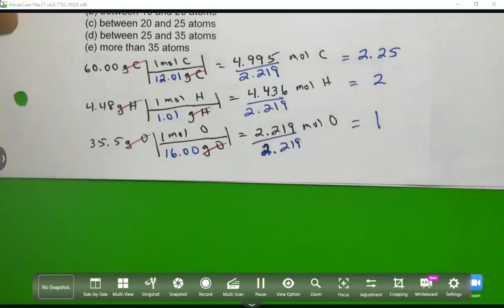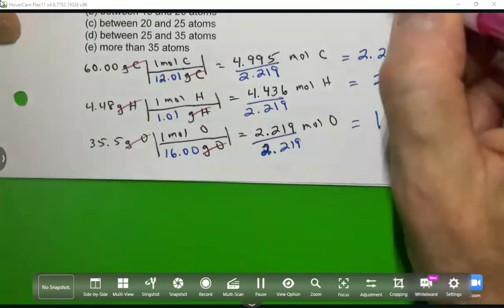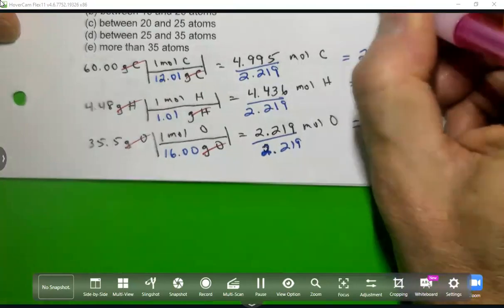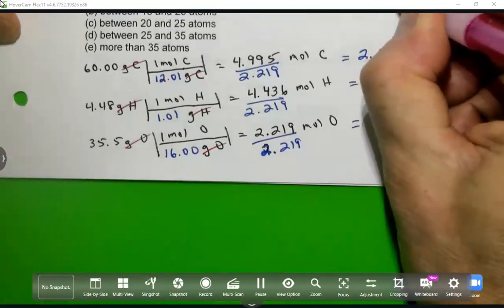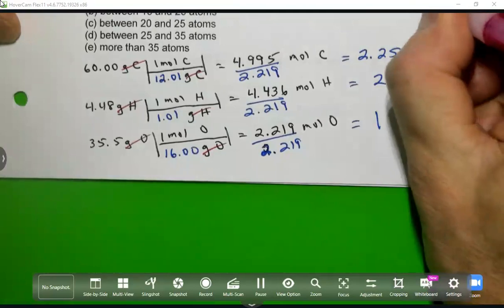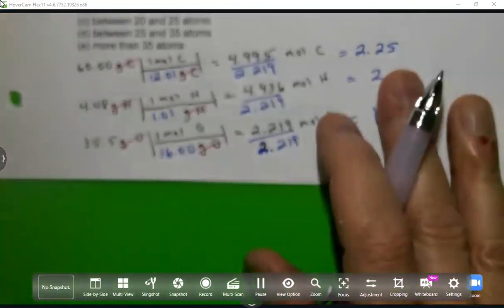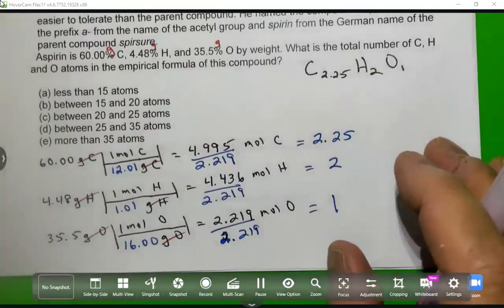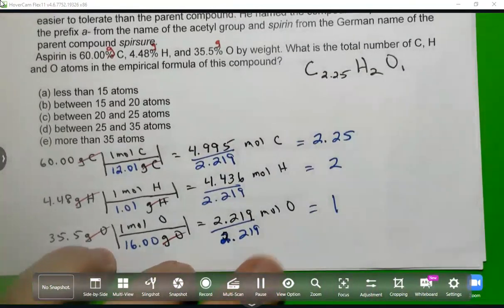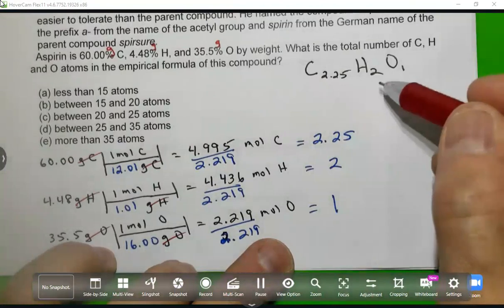That's what you guys got, yes? Okay, so obviously we can't have C2.25H2O1, oops. So this is where we have to do step 4.